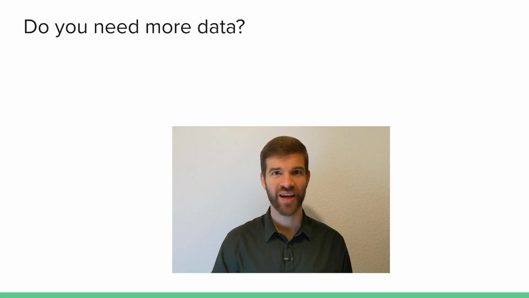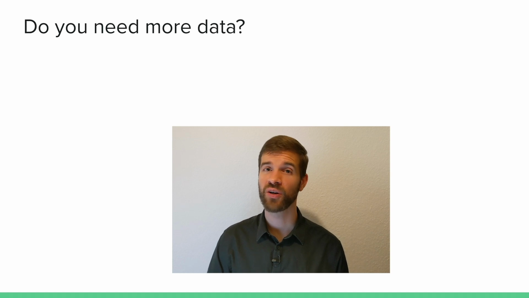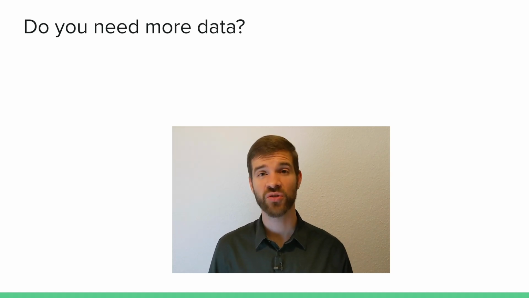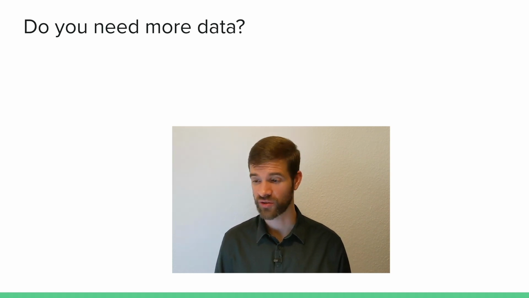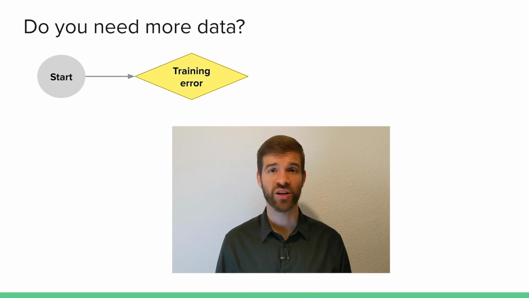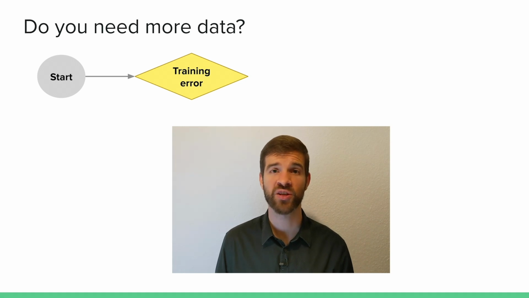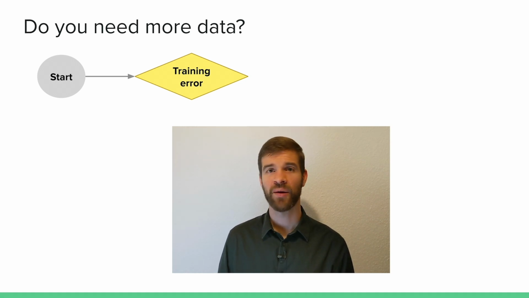So here is a small guideline on trying to answer the question whether you need more data or not. Usually you should start with whatever training set you have and perform some hyperparameter optimization on your validation set, and you get a certain training error.